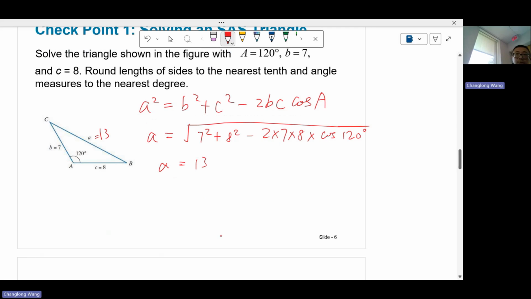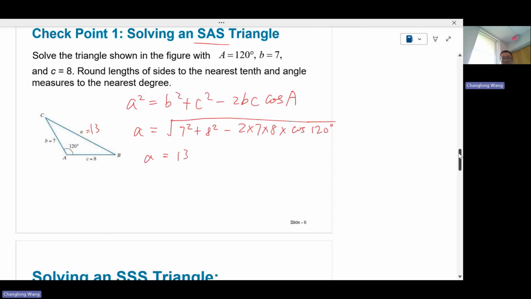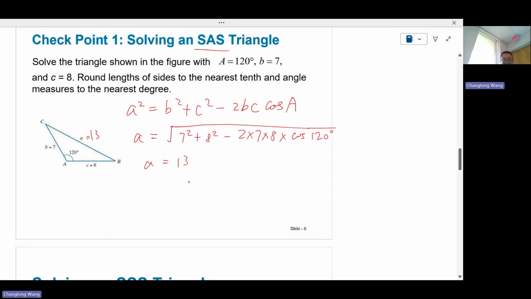Law of sine. Some say, Karina, is that what you said? Law of sine. Okay. I think most people would also pick that. That makes sense. Let's try it. If we want to use the law of sine, that means we need to find out what sine B is.